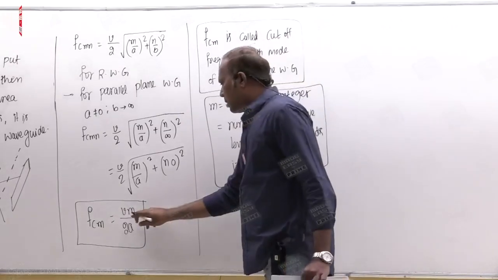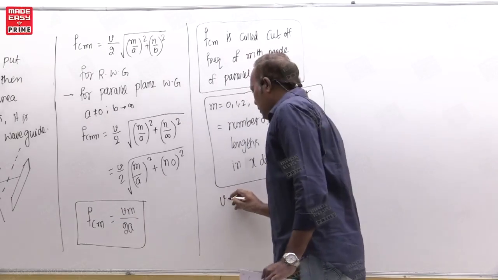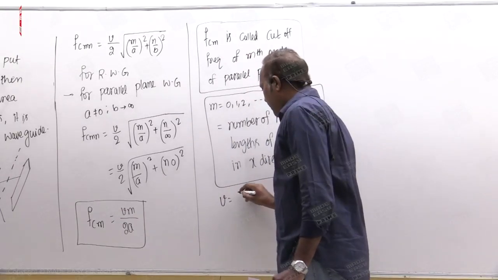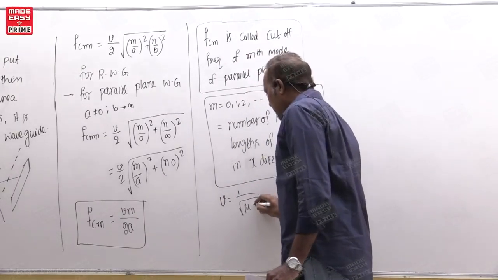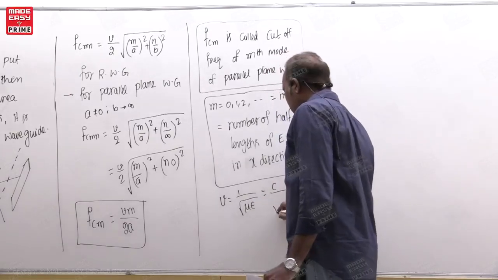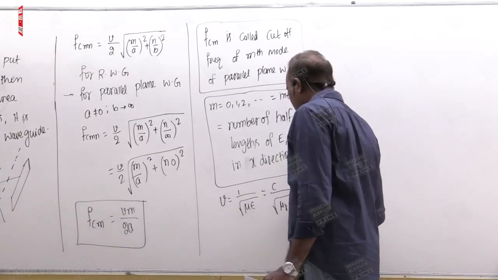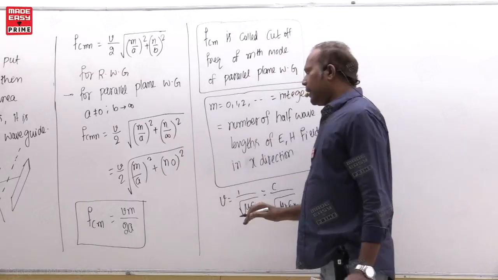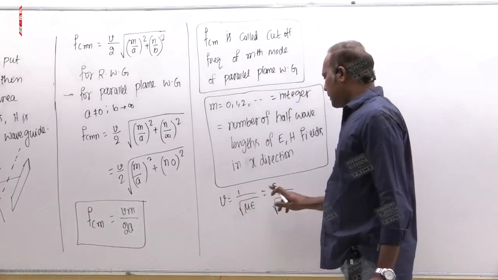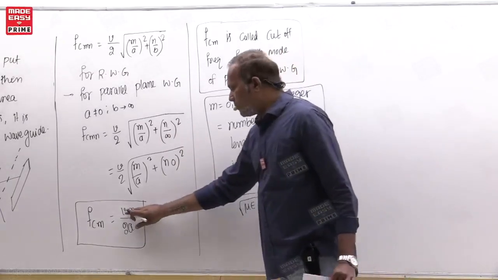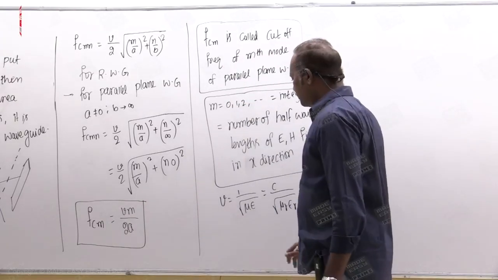Next, where v is equal to 1 by root of mu epsilon, that is c by root of mu_r epsilon_r, if it is dielectric filled. If it is air filled, then v becomes c. That means v becomes c if it is air filled.